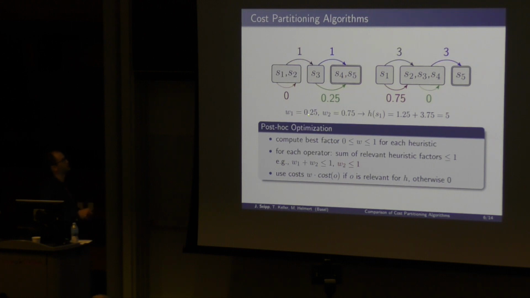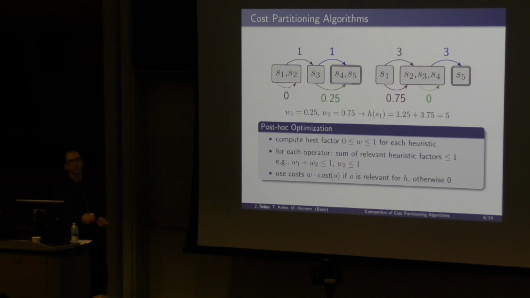We chose 0.25 for the first heuristic and 0.75 for the second one, which induces these transition weights. In summary, we get a heuristic value of 1.25 for the first abstraction and a heuristic value of 3.75 for the second one.